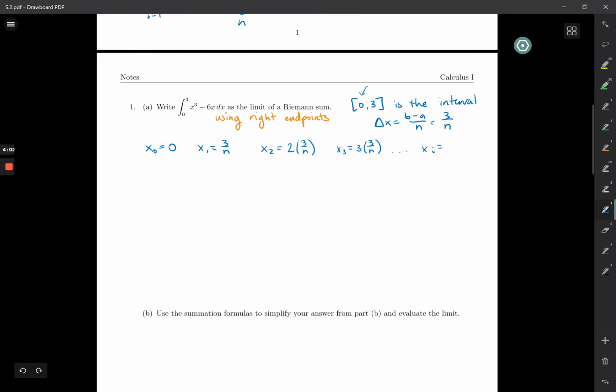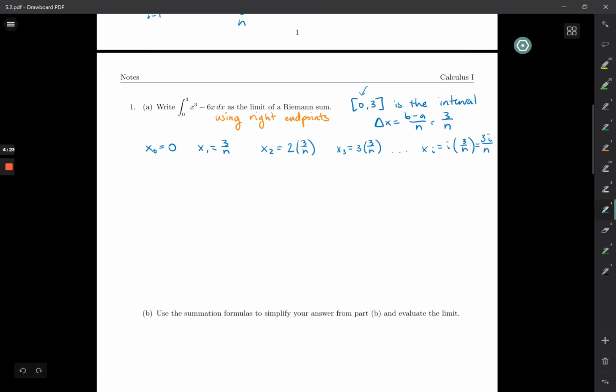So for each i in the interval, xi is going to be equal to i times 3 over n, right? So we're just following the pattern. Okay, so we are going to use this formula later on, so I'm going to rewrite this as 3i over n.